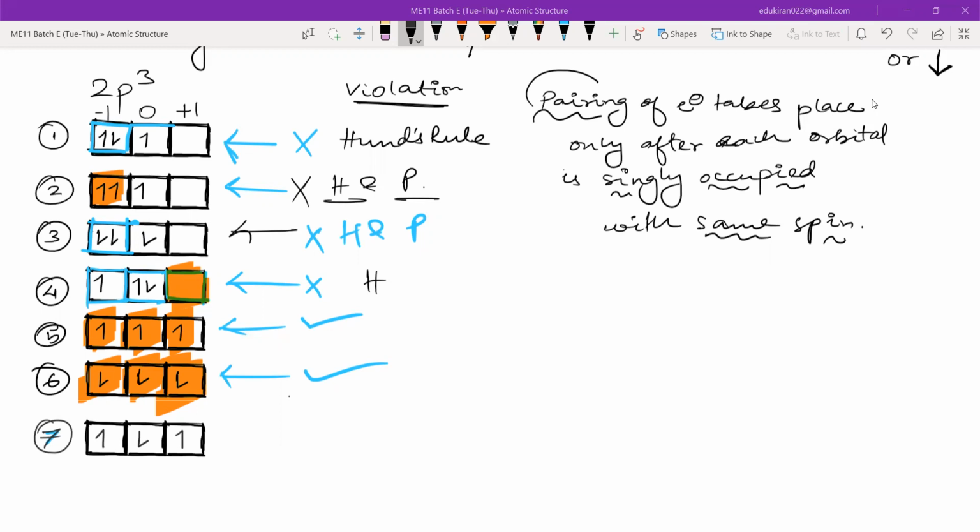Write this down, okay? After that, tell the answer for the seventh one, whether that particular order is right or wrong.